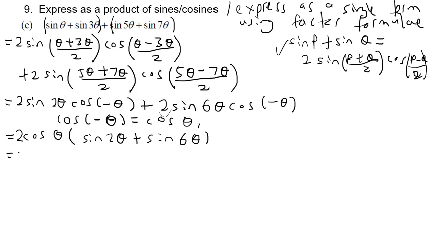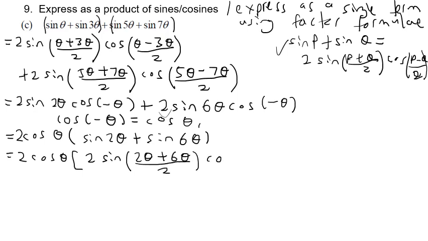So apply again this formula. So 2 cos theta, so inside here, so 2 sine (2 theta plus 6 theta) over 2 cos (2 theta minus 6 theta) over 2, right?